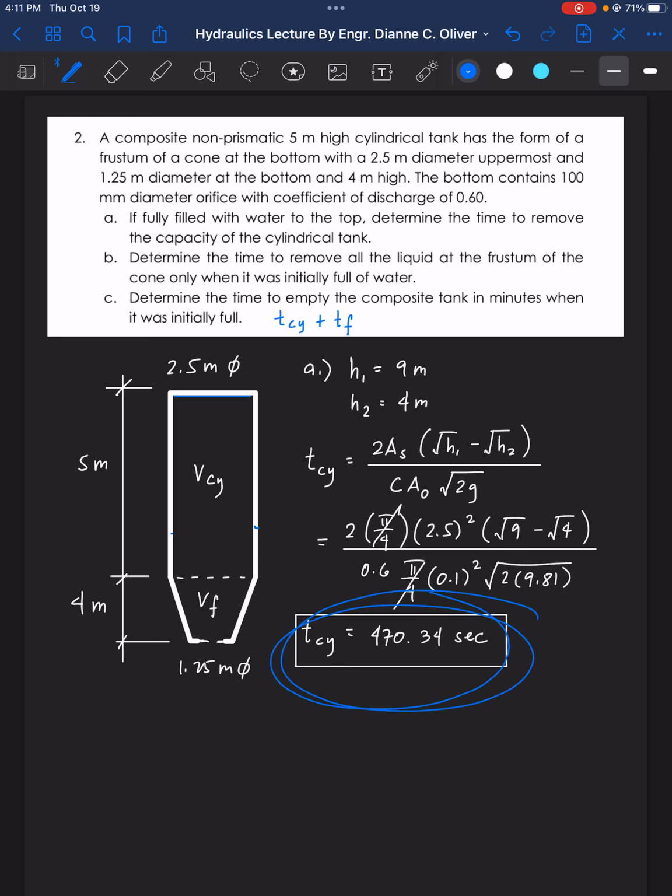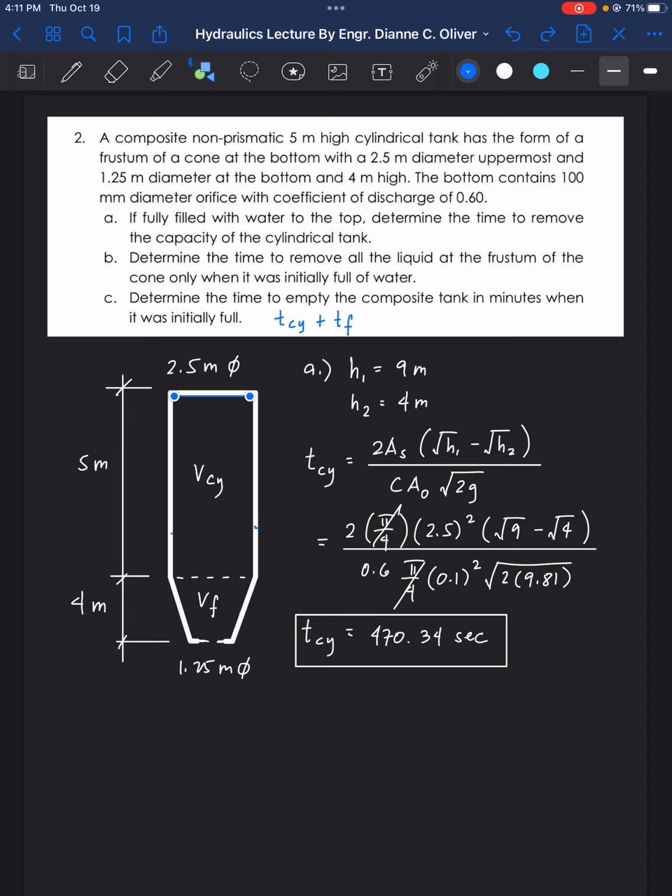So we need to find the value for TF because TCY is already found. We have 470.34 seconds. So solve for TF, the time to remove the water here, the frustum of the tank, to empty the composite tank in minutes when it was initially full. The scenario here is like this.